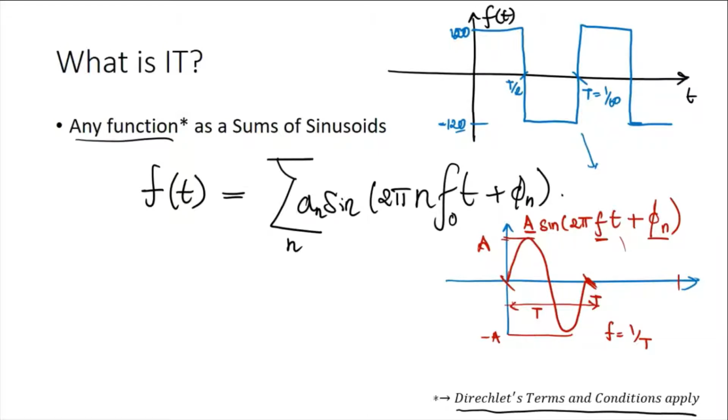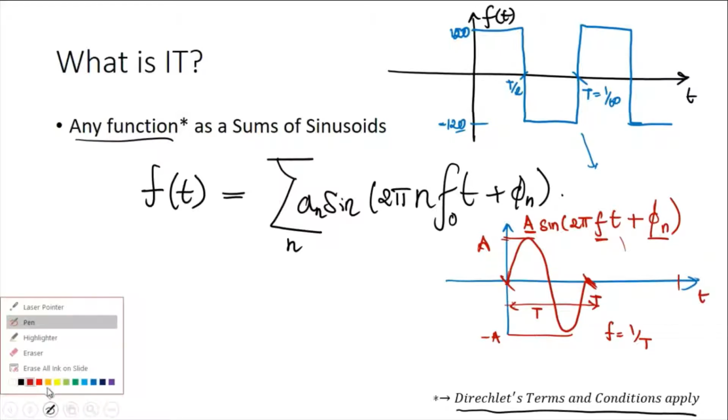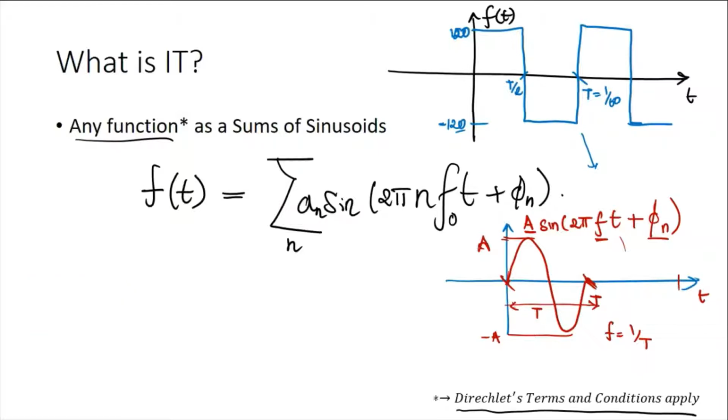So what is this phase phi_n? Basically, I'm assuming that this is t, and if this is phase phi_n, this point, wherever it's starting, should in fact be placed at minus phi_n. So where are we starting?